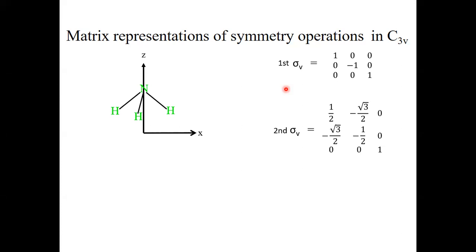They are dependent on each other. So for that reason, we find again non-zero characters on positions that are not on the trace of the matrix. So the second sigma v is actually this form here, and the third sigma v has actually this form here.